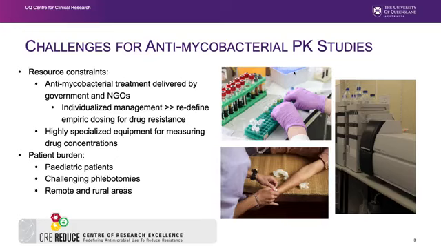And this might need to occur in a local area. The challenge there is that you require highly specialised equipment for measuring drug concentrations. And as you can see, that requires a mass spectrometer for a lot of our work.